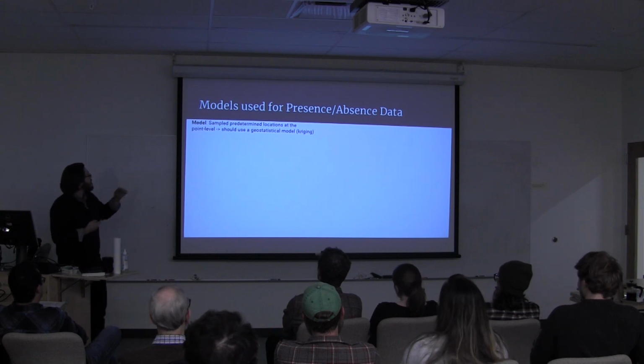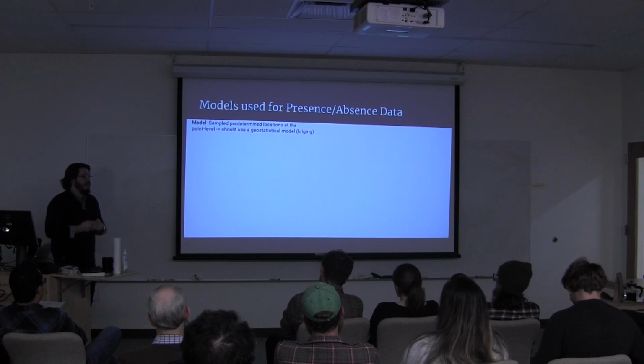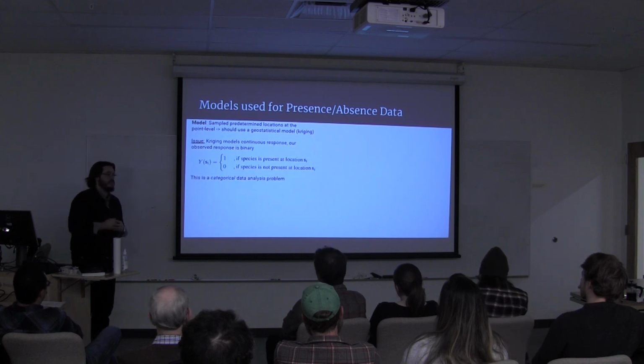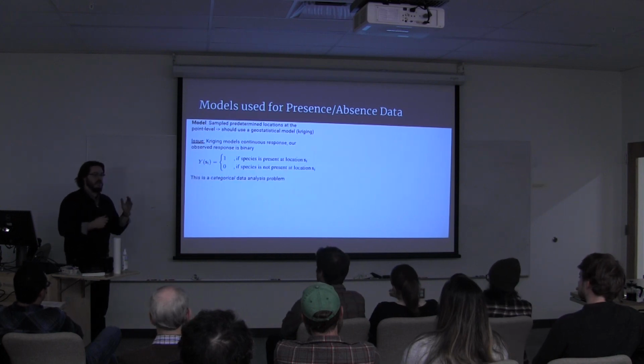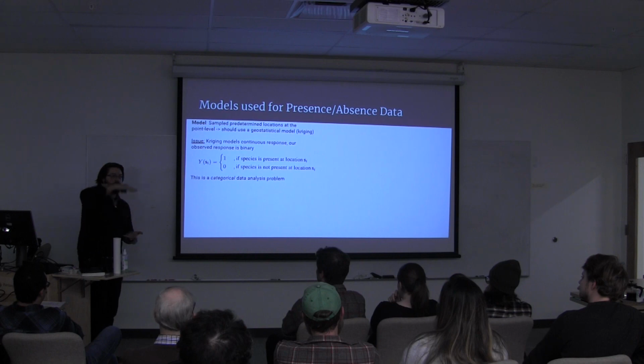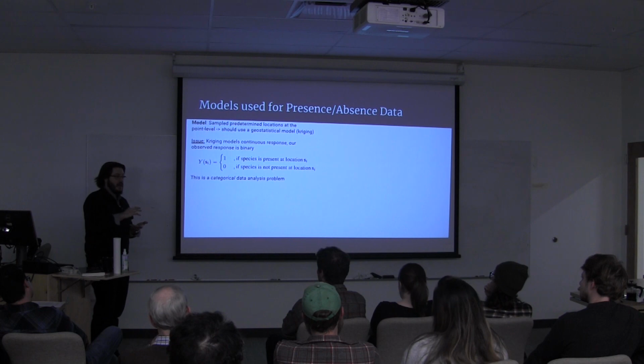So for presence-absence data, we should be using some kind of kriging somewhere, because this is point-level data. But the issue is that the response that we're dealing with is binary. It's not continuous. So that prediction surface we've been thinking of with kriging is a continuous surface that can range anywhere in the reals; it actually could be negative if you wanted it to. We want to constrain that surface to be between 0 and 1 somehow.